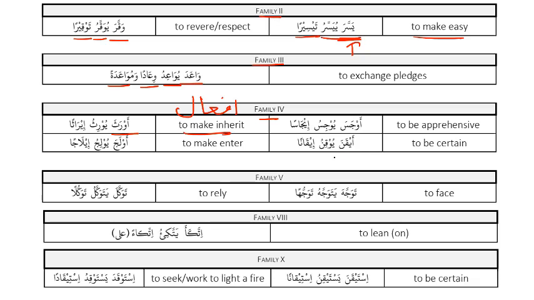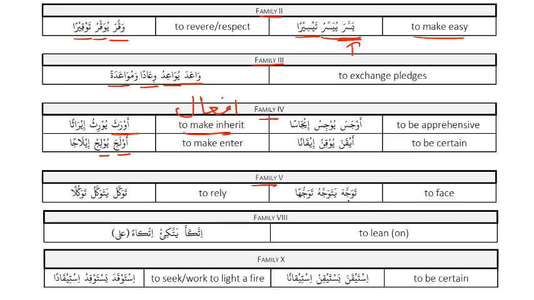And then ayqana, yuqinu, this means to be certain. Awlaja, yuliju, this means to make enter. So you might remember from the Quran, yulijul layla fin nahar, yulijun nahara fil layl. So Allah makes the night enter into the day and the day enter into the night. At this stage, you might not be sure whether this is mithal-e wawi or mithal-e yai. We will understand today what this is. But clearly there is an illat right up front.